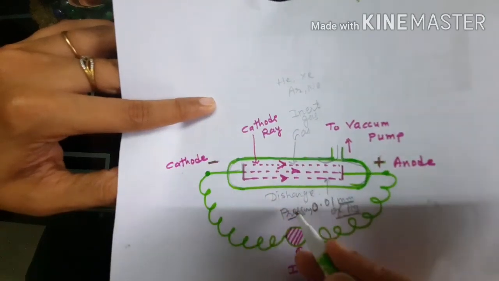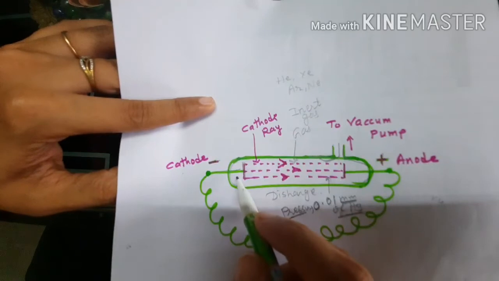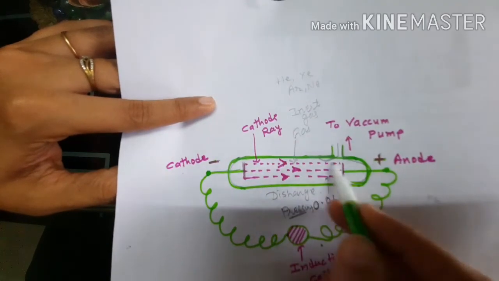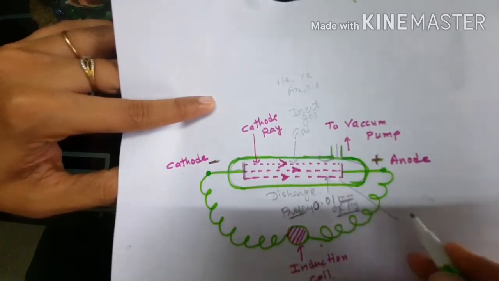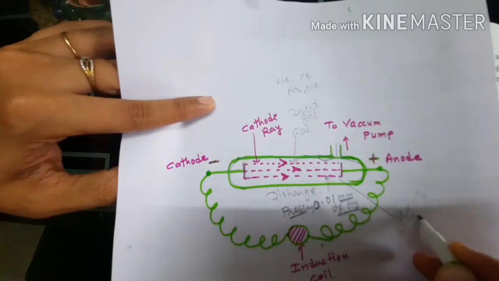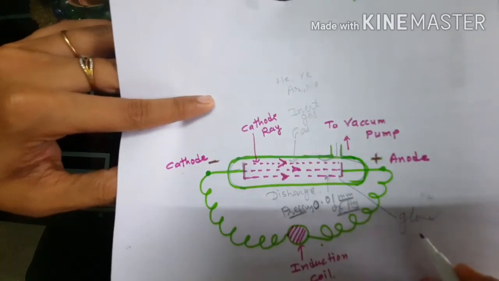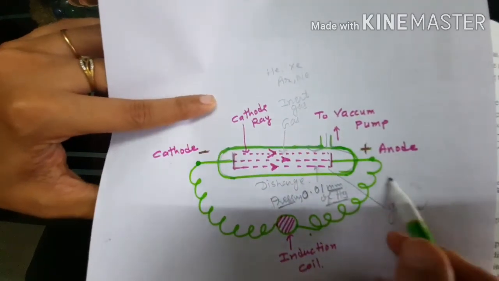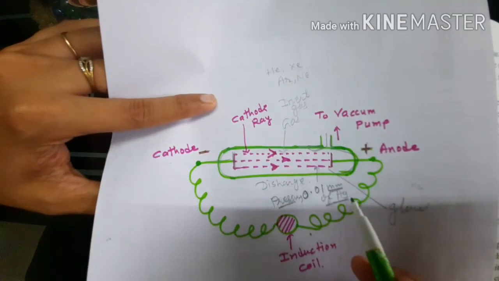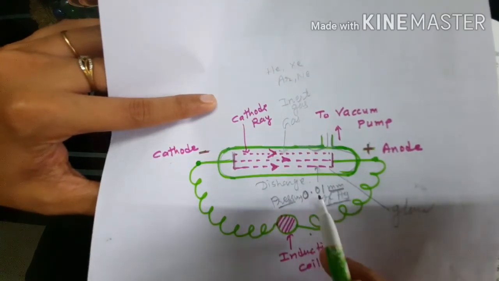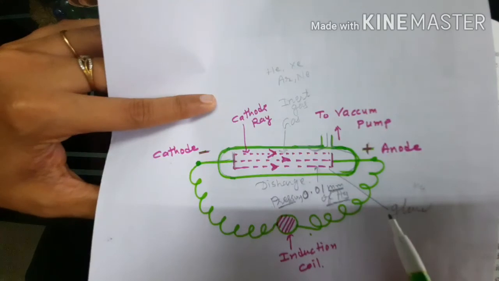So what he observed, after passing the high amount of electric current through this tube, was that the tube glows. This is the research William Crookes was doing.